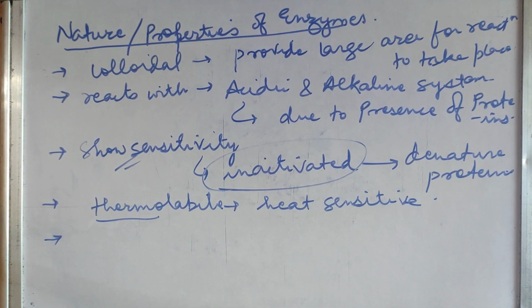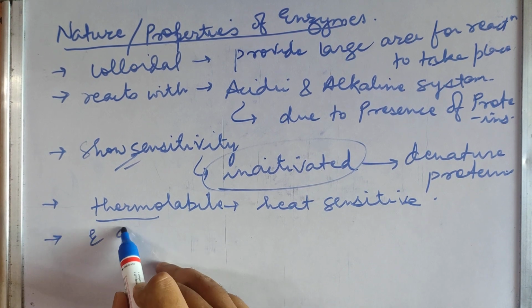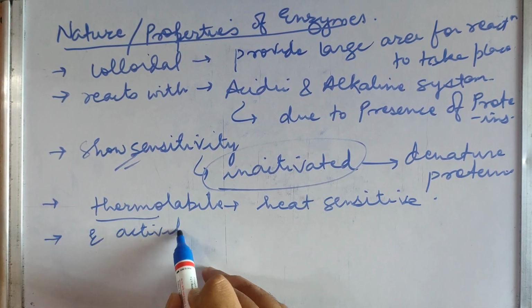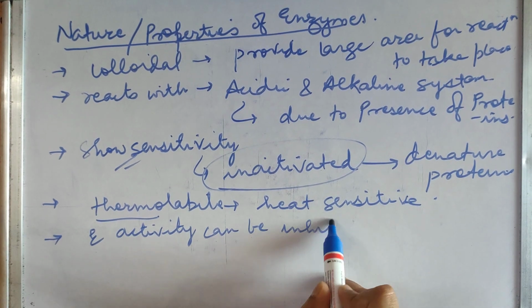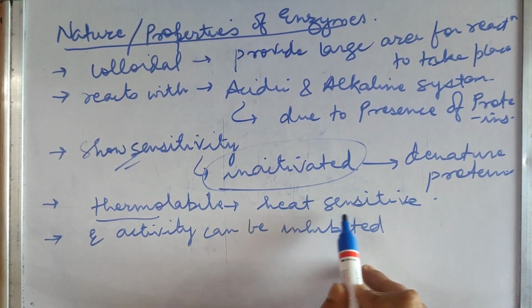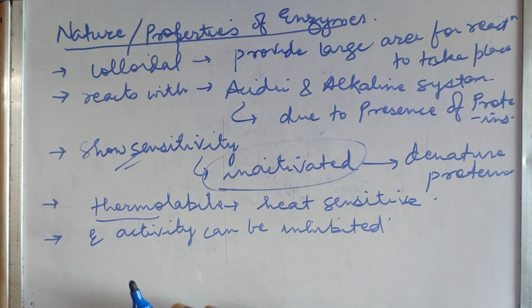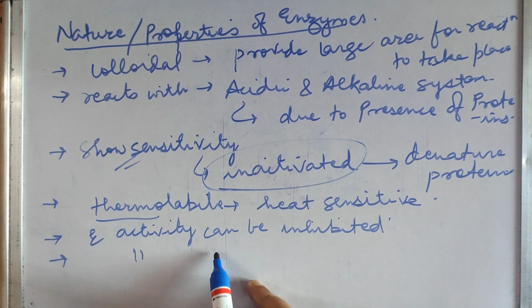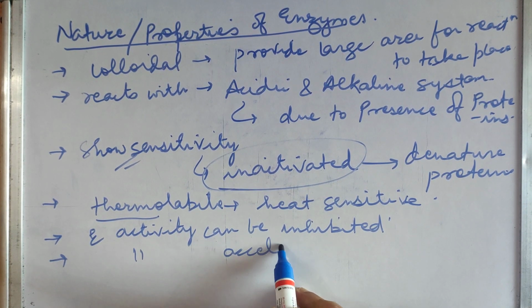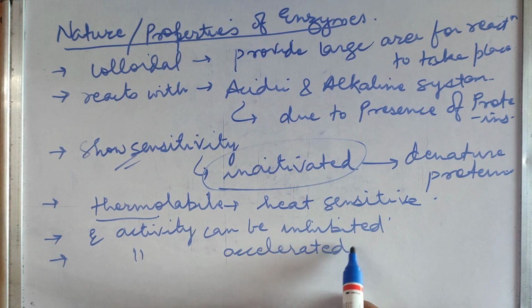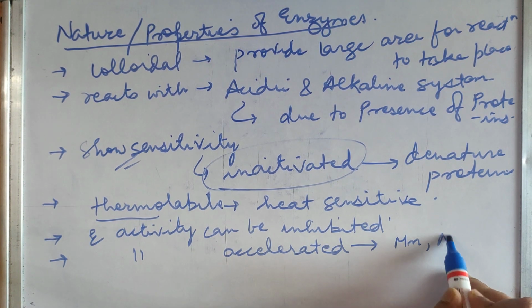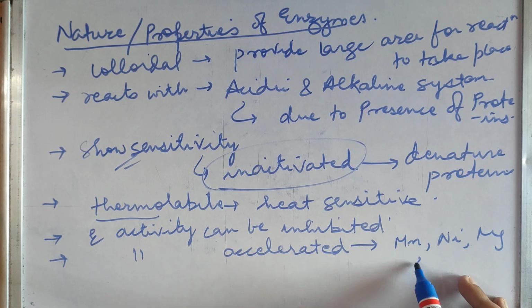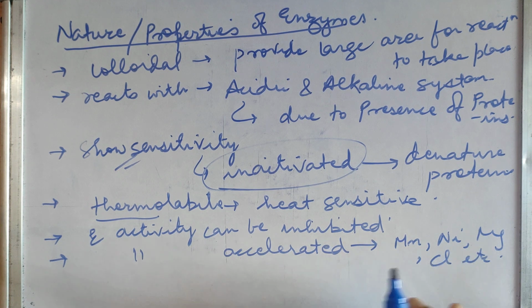Enzyme activity can be inhibited, and its activity can be accelerated. It can be inhibited and accelerated both by activators, such as Mn, Ni, Mg, Cl, etc.